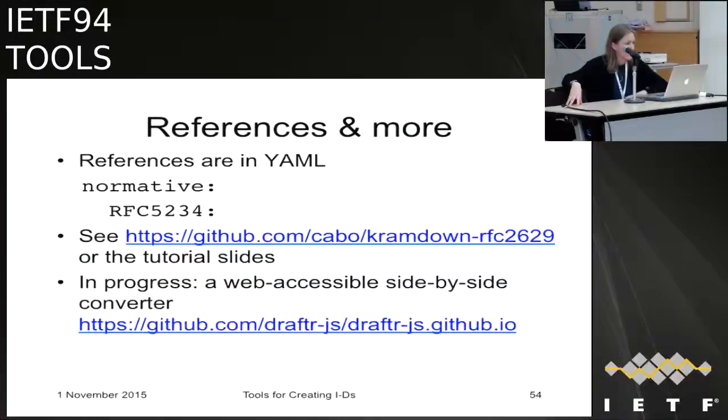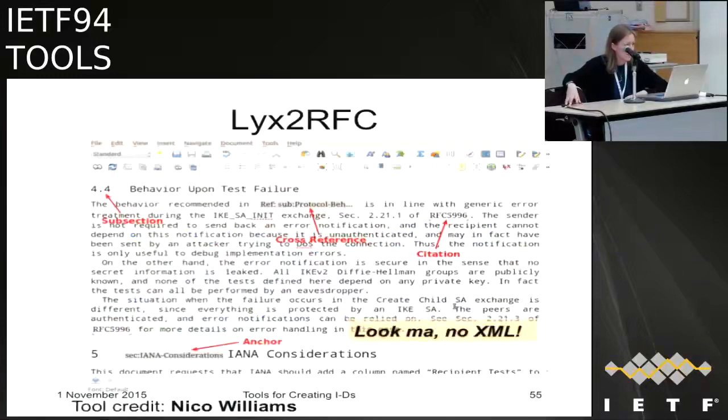So finally, looking briefly at links to RFC, this is Nico Williams' tool, and he is not a fan of XML, so he made these slides, and apparently for some people, Lix is something they're already familiar with, and this is an easy way to get an XML file.